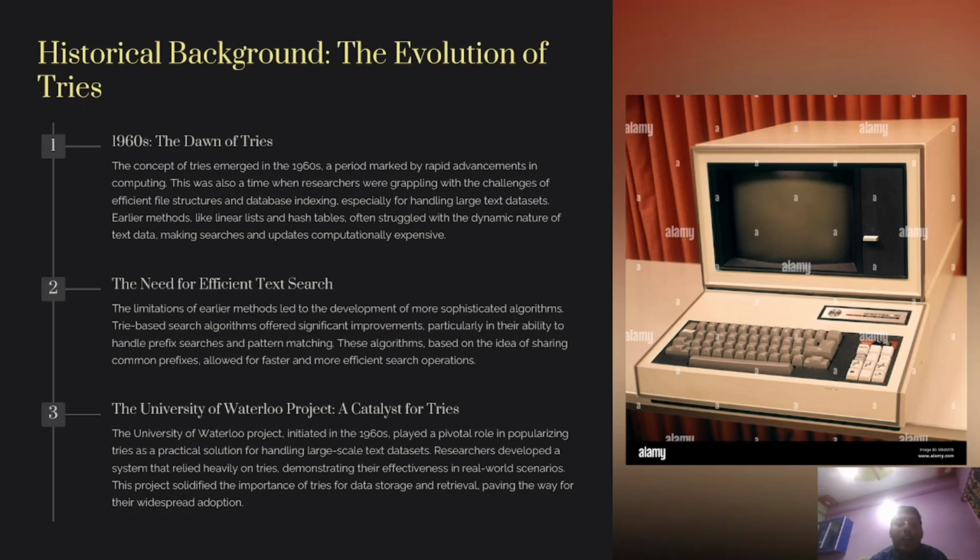The introduction of tries offered a breakthrough by allowing efficient prefix-based search, and the University of Waterloo project played a significant role in solidifying tries as a practical tool for large-scale data storage.